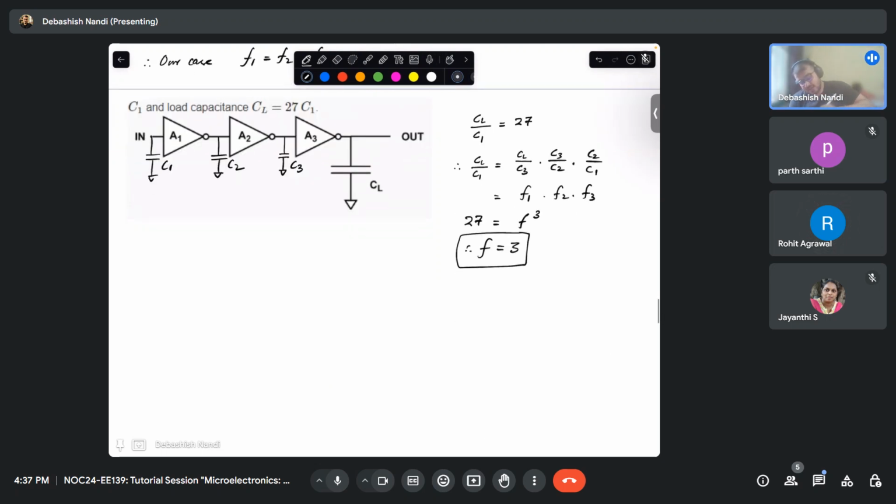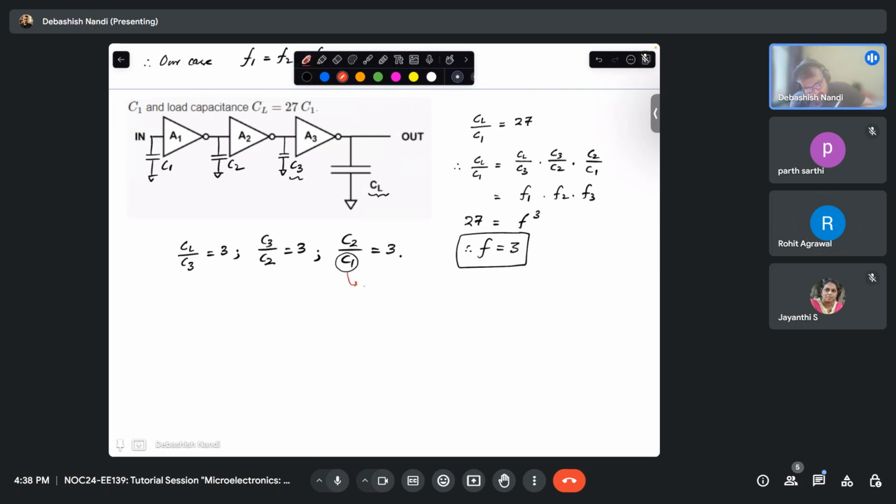So what does that mean? That the ratio of CL by C3 is equal to 3, C3 by C2 is equal to 3, C2 by C1 is equal to 3. So from this, can we get the understanding of the sizing of the transistors? Yes, we can, because what are these C's?